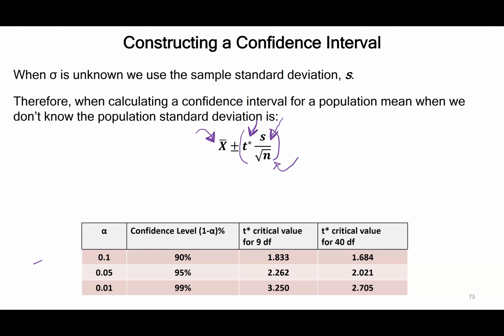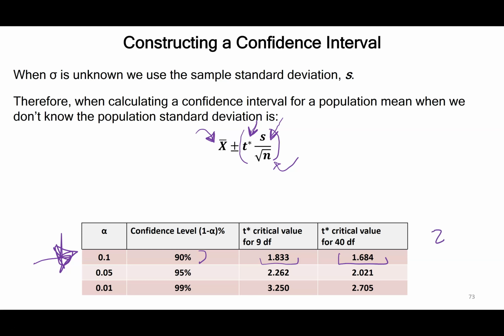So this is just an example here. This table shows us, okay, if we want to have a 90% confidence interval for a scenario where we have 9 degrees of freedom, this is our t-star. If we want a t-star with 40 degrees of freedom, it's 1.684.